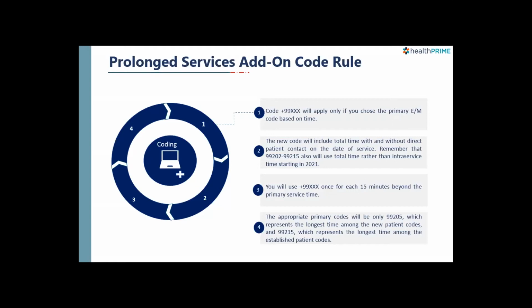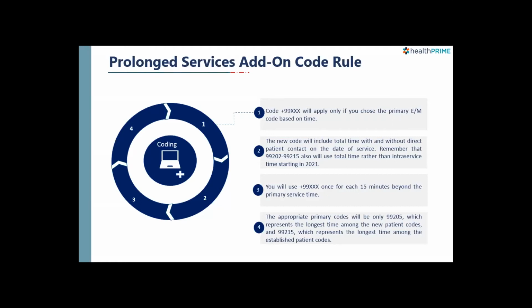The third point is you will use prolonged service once for every 15 minutes beyond the primary service time. So if your service time is 15 minutes beyond the 74 minutes, we'll use it once for each 15 minutes beyond the primary service time. The fourth point is very important.